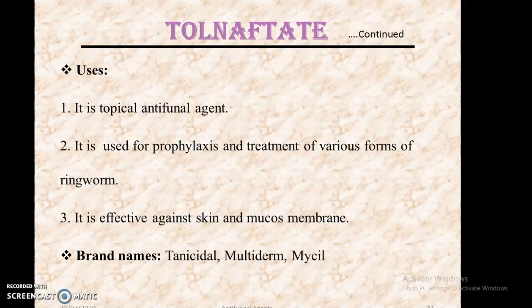Uses: Tolnaftate is used as an antifungal agent, for prophylaxis and treatment of various forms of ringworm. It is also effective against skin and mucous membrane infections. It is known by the brand names Tanicidal, Multiderm and Mycil.